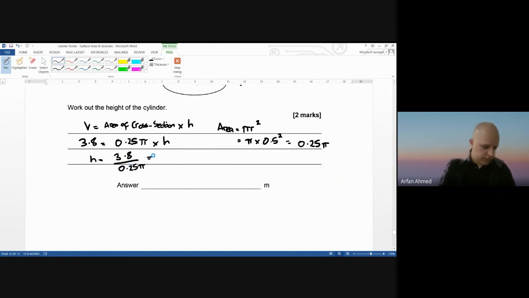Let's work that out. 3.8 divided by, should get 4.831027. Let's just write that whole thing there. Oops, that's a bit weird.